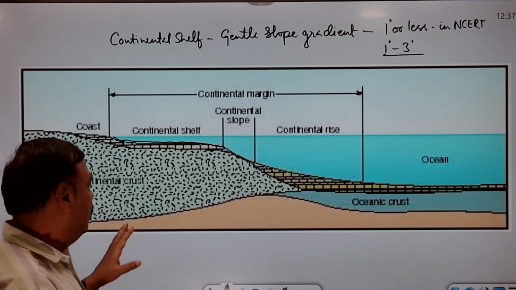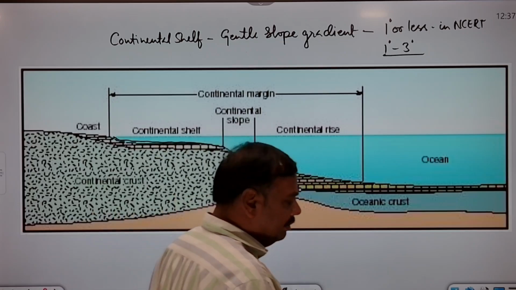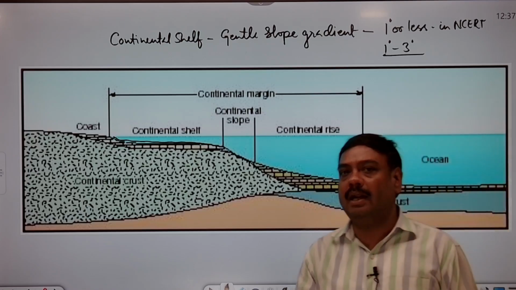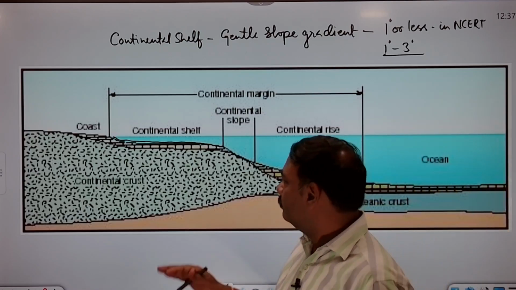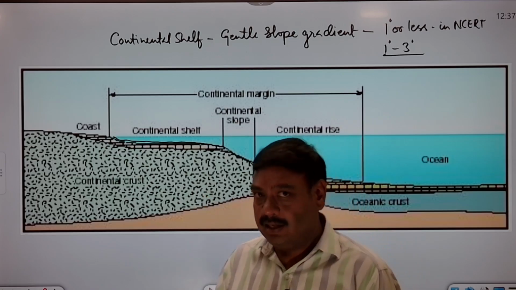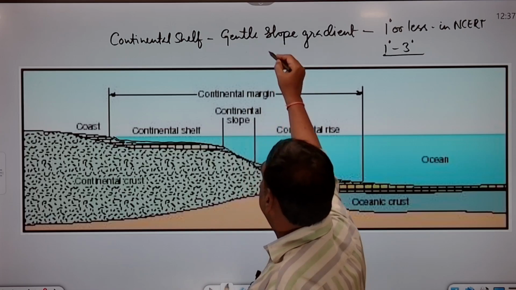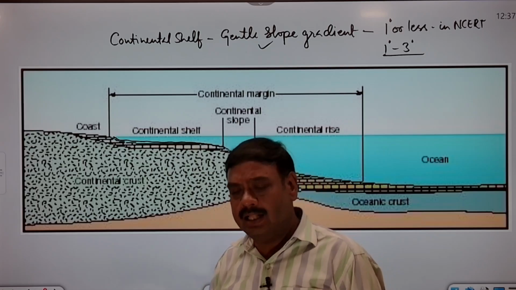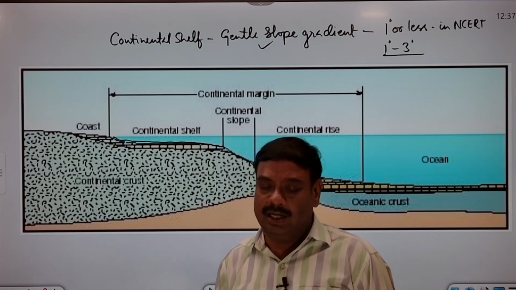The things you have to remember here, I am repeating, I will show later the important characteristics. First of all, the continental shelf is part of the continental crust. Second thing is its gentle slope gradient, that is 1 to 3 degrees, but in NCERT it is given as 1 degree or less.